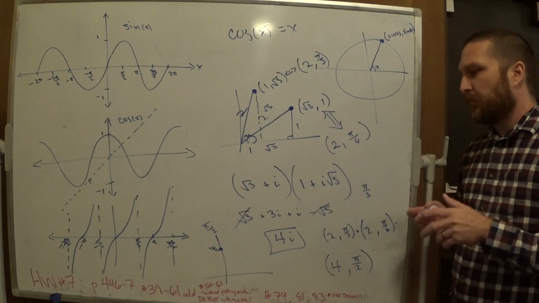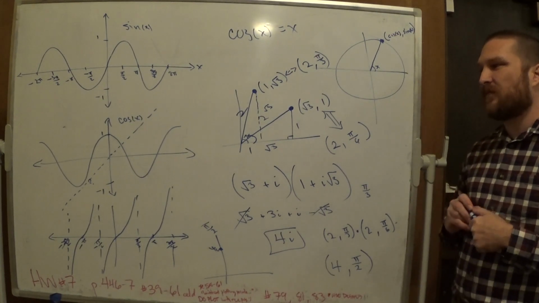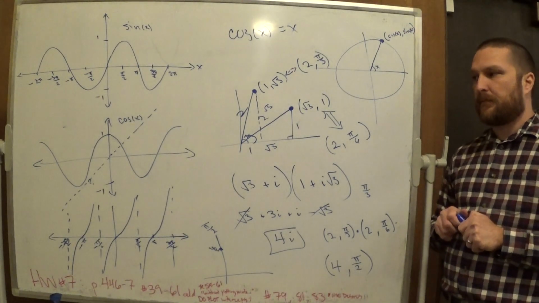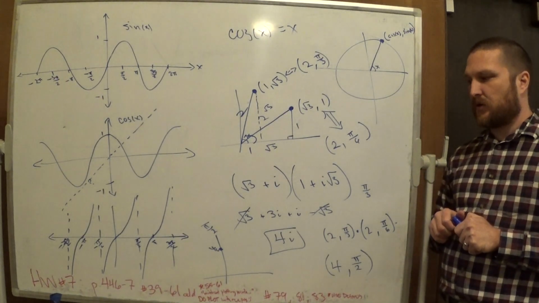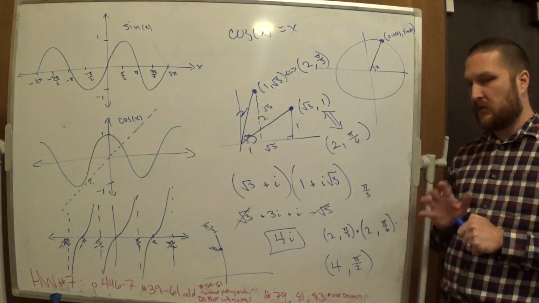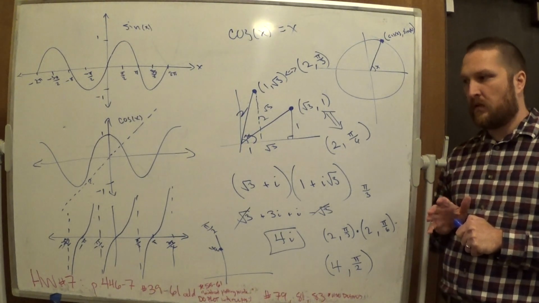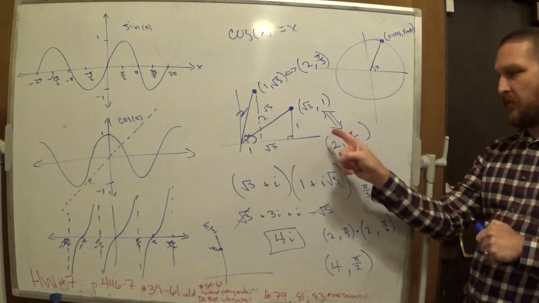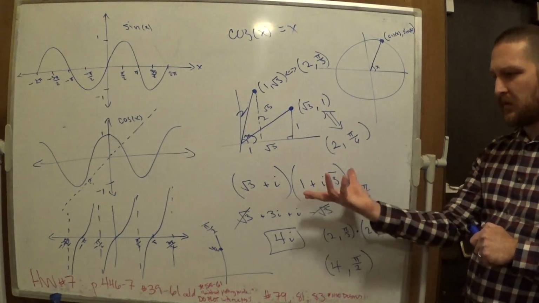So anyway, polar coordinates turn out to be very useful, especially in calculus. Some problems that are ridiculously hard to solve in Cartesian coordinates become very easy in polar coordinates. Kind of like this problem.